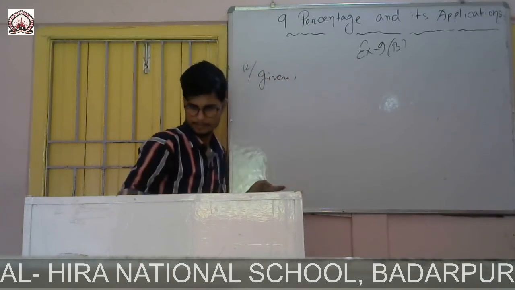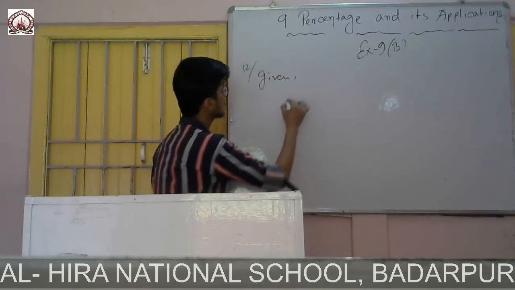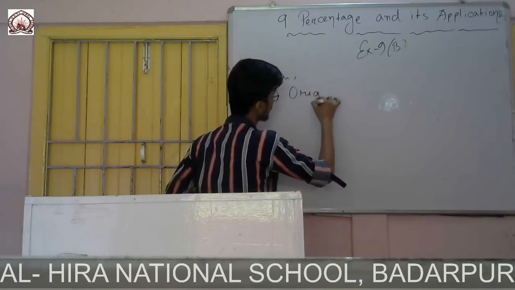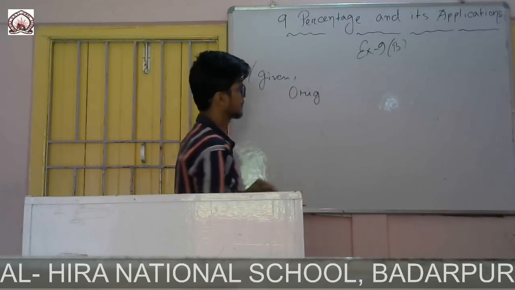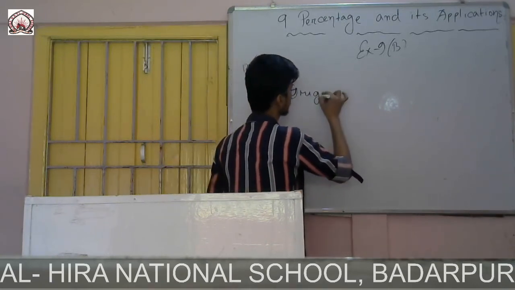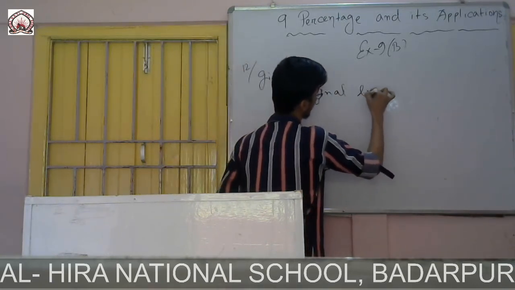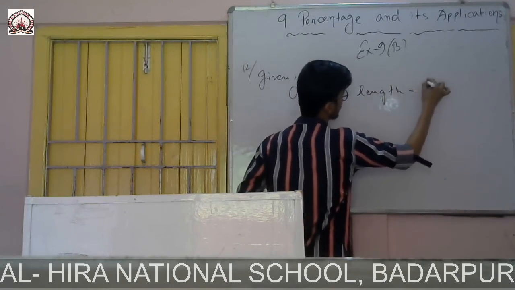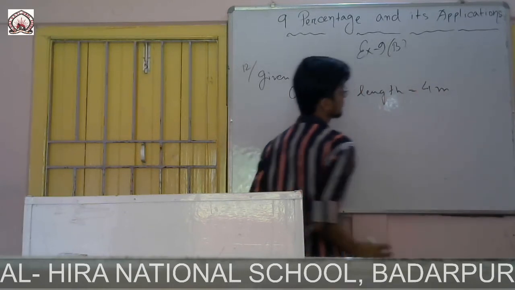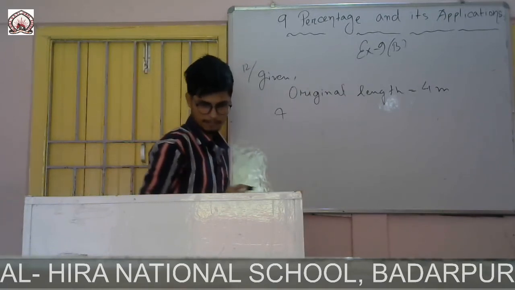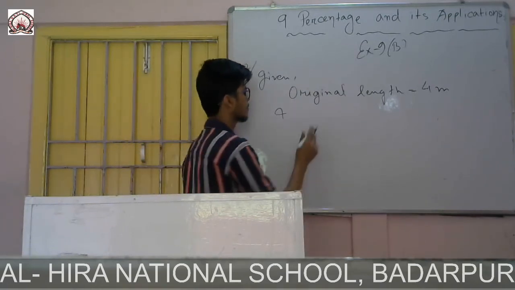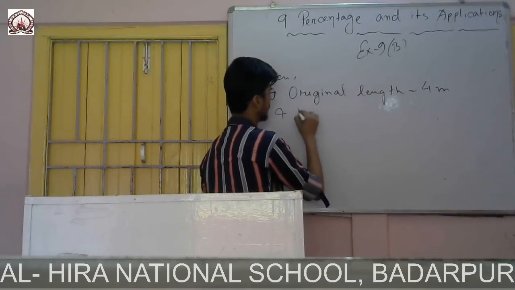Given: original length is 4 meter. It says a length of 4 meter elastic band, so original length equals 4 meter. It is given that 10% of this length is increased.